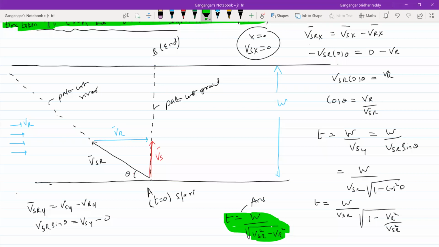And whenever I say you should swim, I mean VSR bar only, because that can be measured. So you should swim normal to river current, means it's VSR only. The other quantity cannot be measured, so we are not bothered to even indicate it, and even in questions nobody will ask you to determine it.